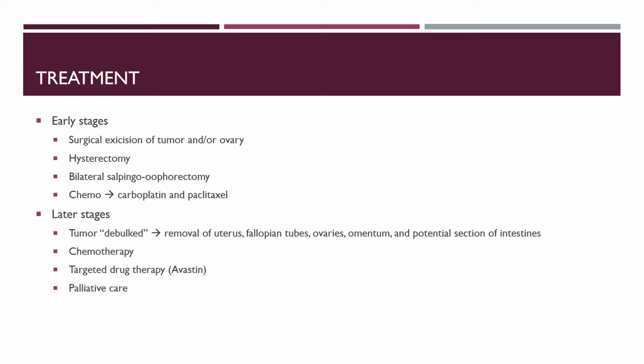After surgical removal of the tumor, they can utilize chemo. Targeted therapy includes Avastin, and then palliative care if the cancer has metastasized past the point of being able to be treated.